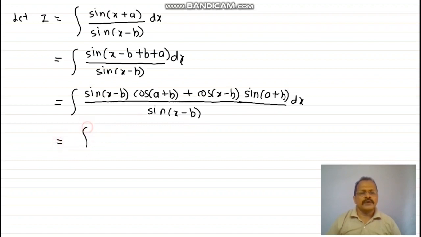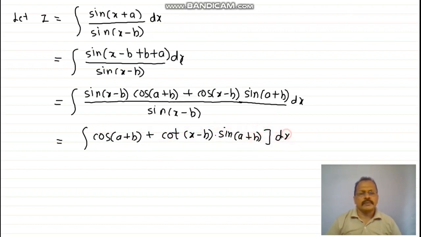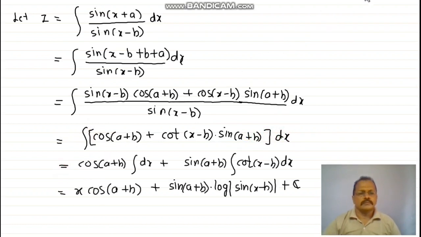It is equal to the integration of (cos of a plus b plus cot of x minus b into sin of a plus b) dx, equal to cos of a plus b times the integration of dx plus sin of a plus b times the integration of cot of x minus b dx, which integration is this. It is your final answer.